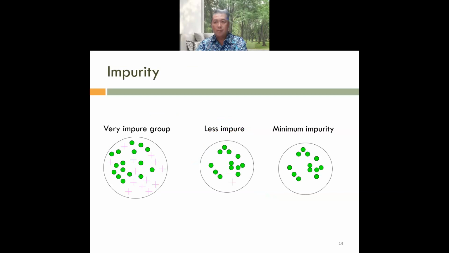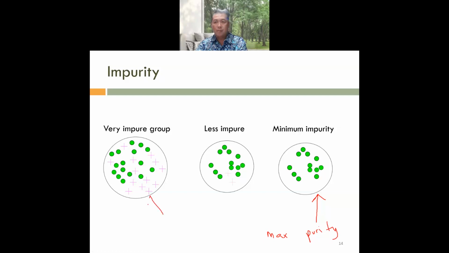So the aim is to have minimum impurity, or maximum purity. We want to choose a value that can split the data into several partitions that maximize the purity or minimize the impurity.